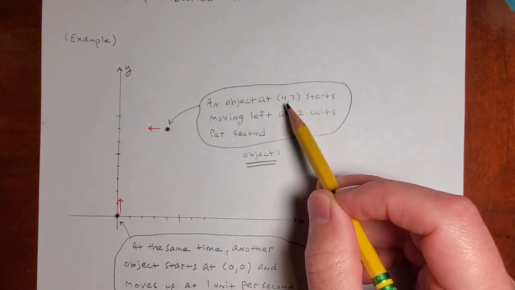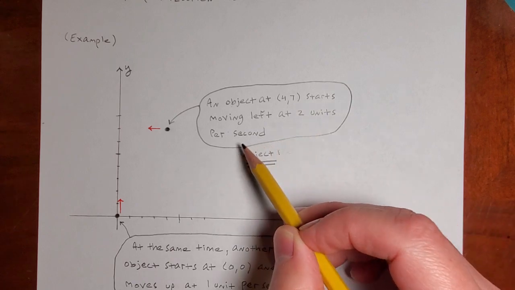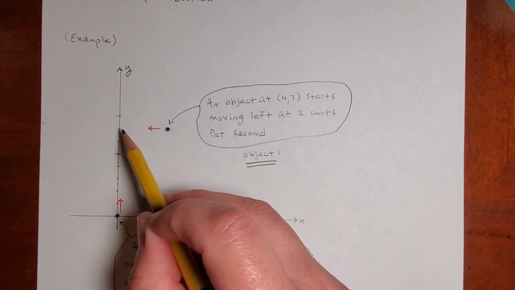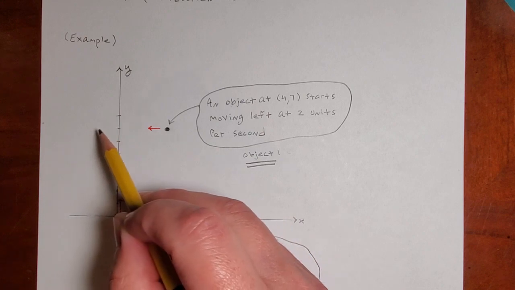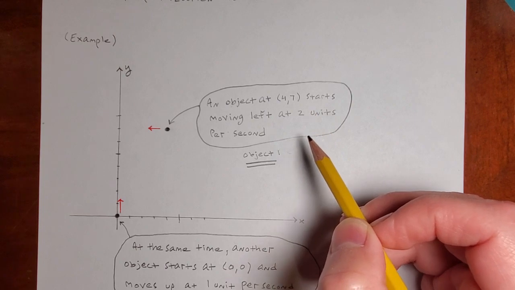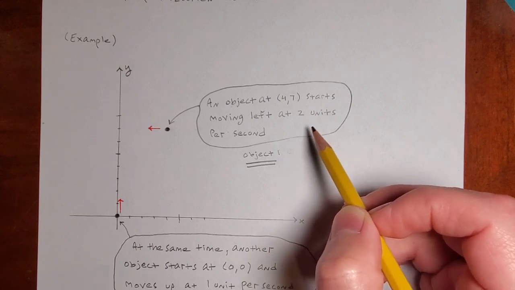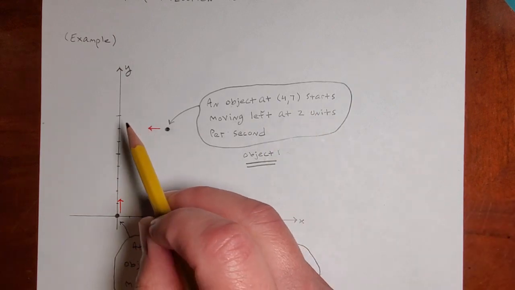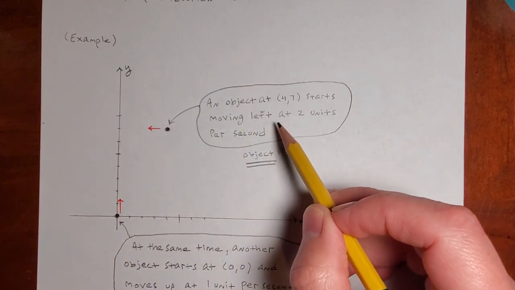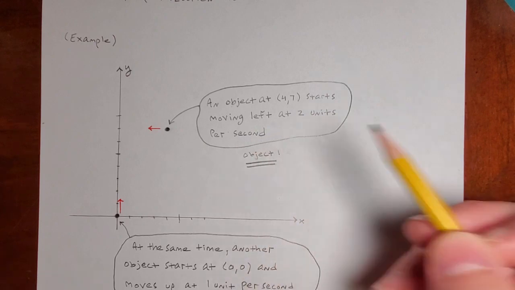Well, it's initially at 4, and then 1 second later, it's at 2, and then it's at 0, and then it's at -2, okay? So even though you might not be sure how the math's going to work out with that, you can at least plot where the object is going to be 1 second at a time, given that it moves left 2 units per second, okay?